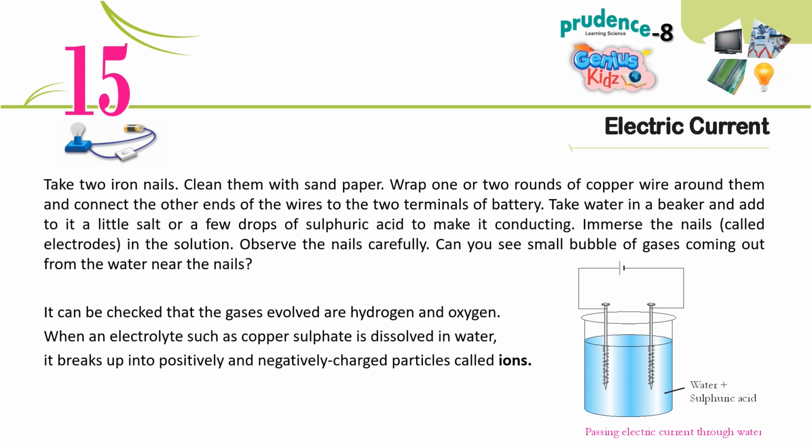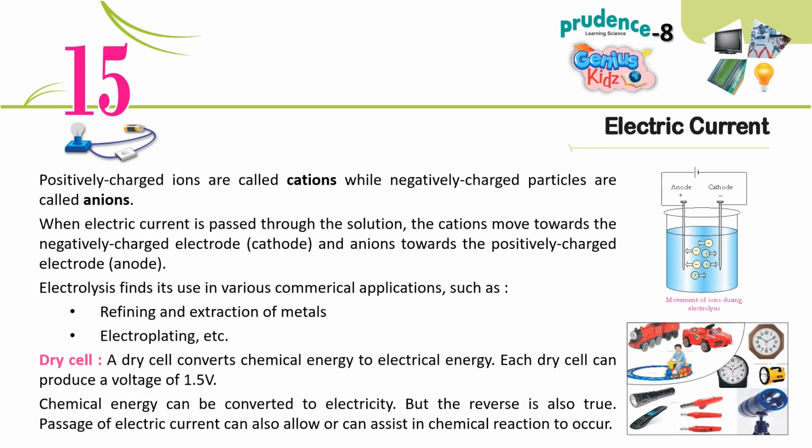When an electrolyte such as copper sulfate is dissolved in water, it breaks up into positively and negatively charged particles called ions. Positively charged ions are called cations, while negatively charged particles are called anions. When electric current is passed through the solution, the cations move towards the negatively charged electrode, cathode, and anions towards the positively charged electrode, anode.